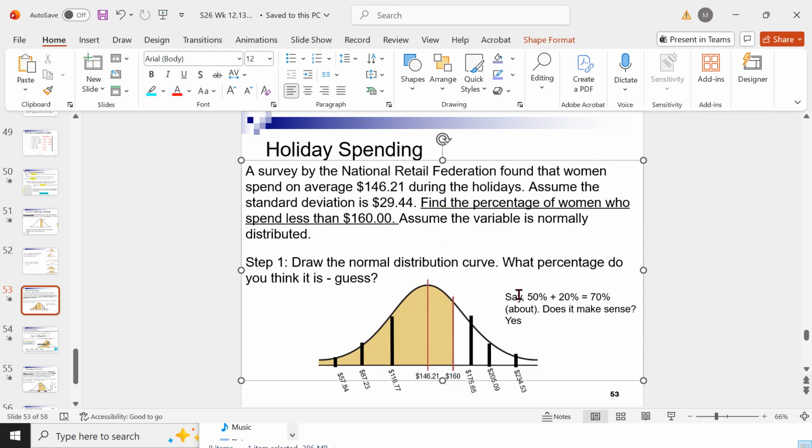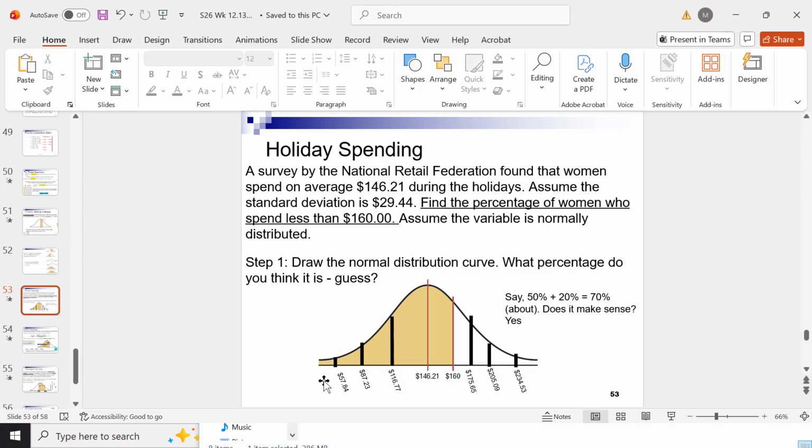I always recommend you draw this thing out. There's your mean, 146.21, and there's your standard deviation, 1, 1, 2, 2, 3, 3. Remember you're going to have two numbering systems: 0, 1, 2, 3, and then your mean is 0, standard deviation 1, standard deviation 2, standard deviation 3.